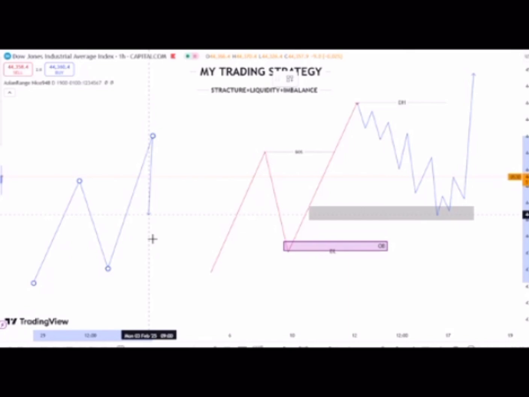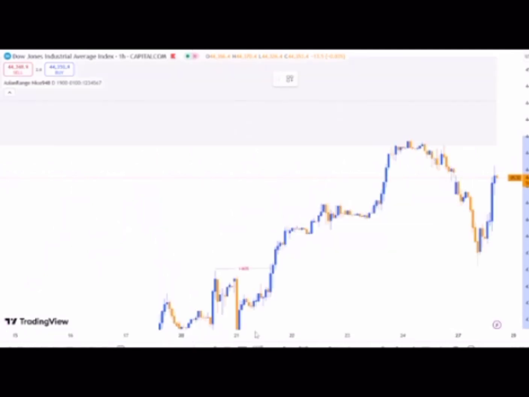When this is broken like this, we wait for the market to go back into our premium zone. Just like everything we did here, you do the same thing for this aspect. Then it means this high over here should not be taken. So we go this way, and then the market continues all the way down.